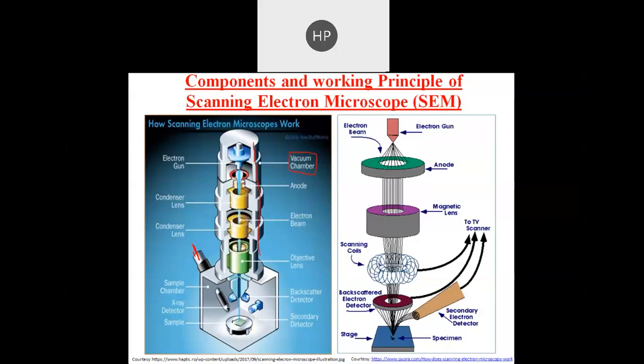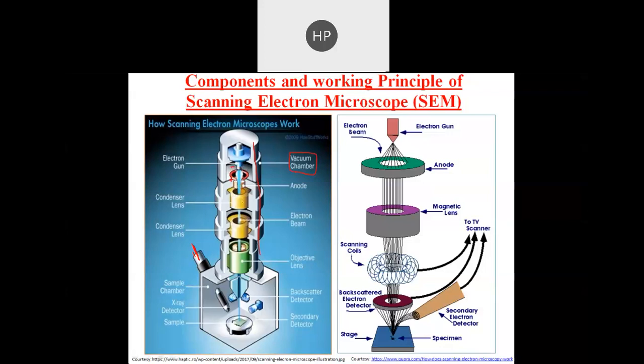Generally here we have the electron gun, through which the electrons are produced. It is negatively charged. Then to accelerate those electrons, we have the anode over here, which is positively charged, so that the electron beam generated here is accelerated by this anode.